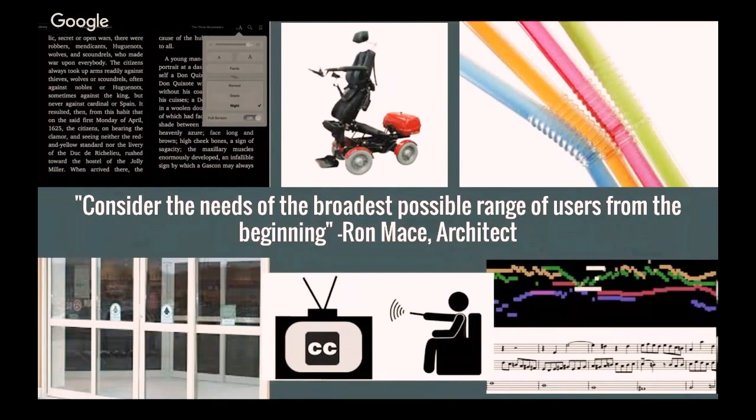Another example is an adaptive e-reader that was designed to help people with visual impairment but allows us without visual impairment to continue reading even in bright or very dark settings. Closed captioning that helps people with hearing impairment also helps people who are learning new languages or when we are watching a show in a loud setting.